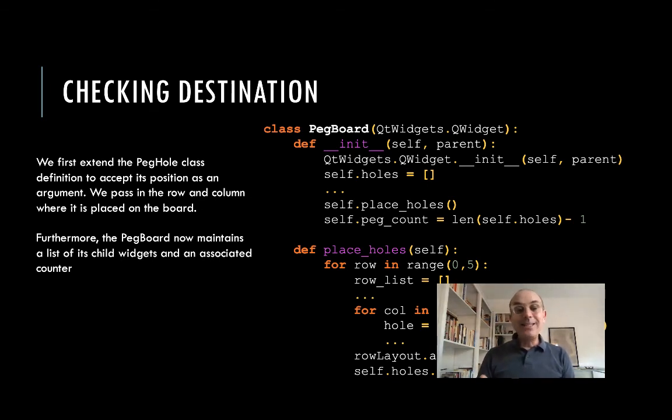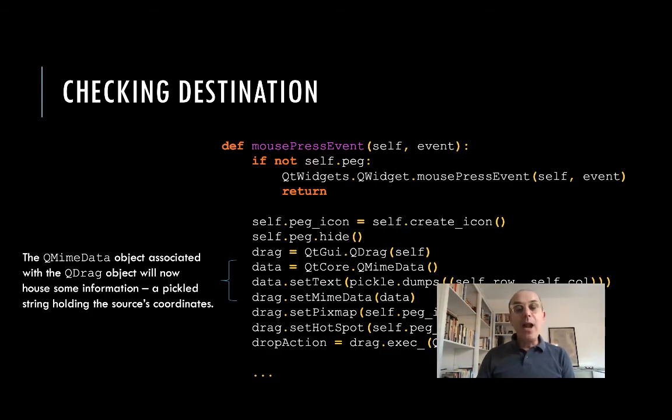So for checking the destination, we will first extend the class definition, and we will have a board maintaining a list of its child widgets and the associated pegs that they will encounter. And we will have this destination check using the QMimeData object associated with the QDrag object, which will pick up the string holding the source.